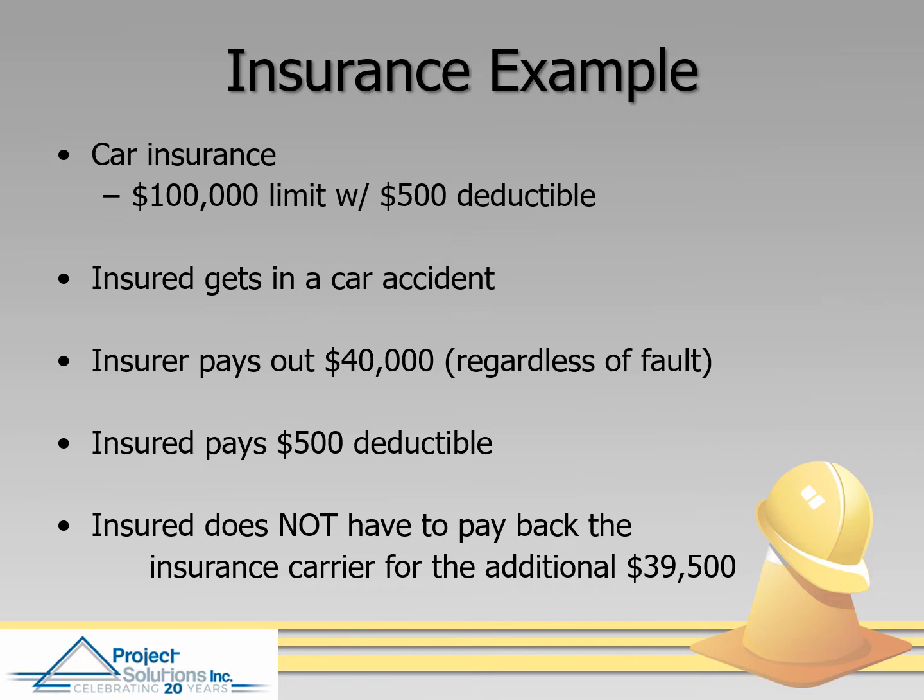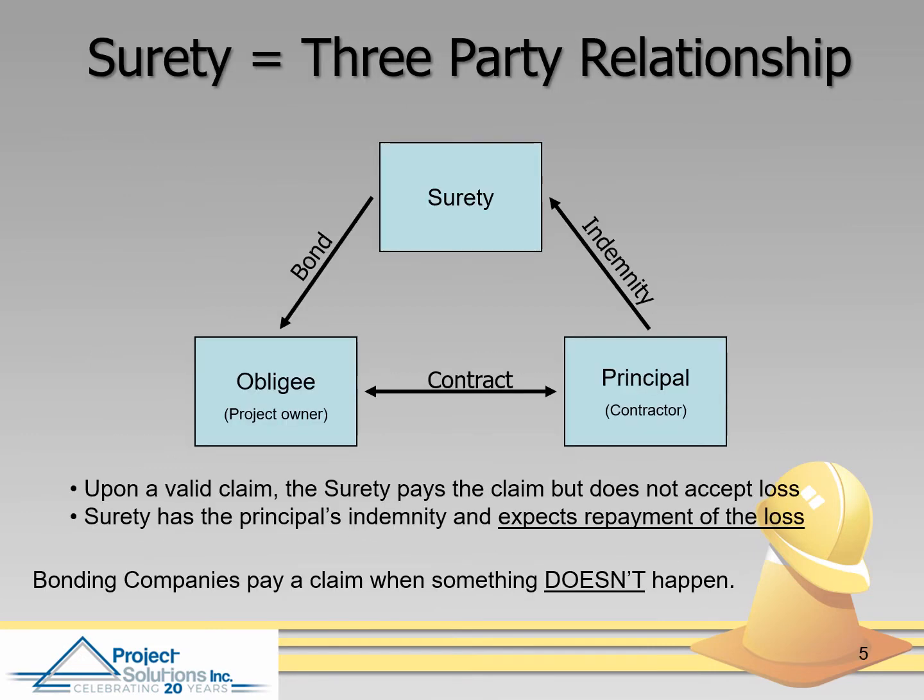But in bonding, it's a three-party relationship. There's the surety, which is also known as the insurance company or the bonding company, in the middle of this. The surety will pay the claim, but does not accept the loss. They have the principal's indemnity, meaning they expect a repayment of the loss. So this is a different relationship.